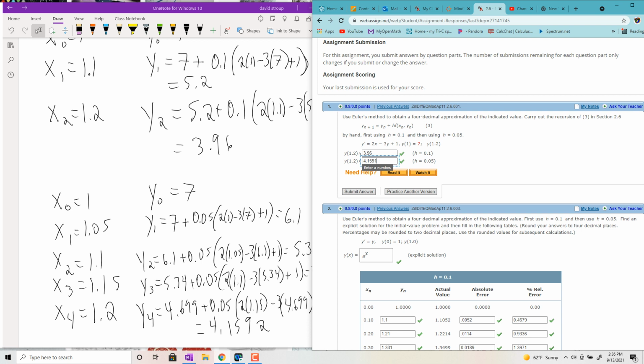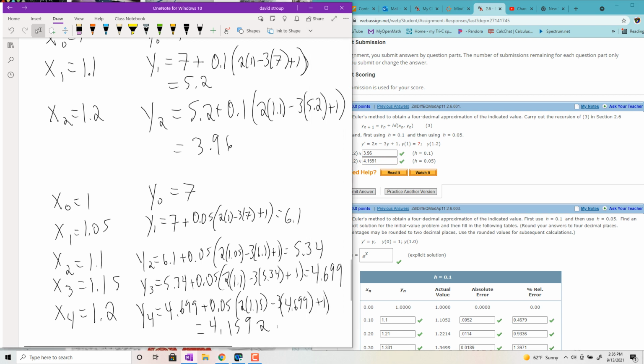So if you have an issue with this, send me an email, like it's not rounding correctly. Because if you round to 4 decimals, it should be 4.1592. I don't even know what they could have done to get that answer.